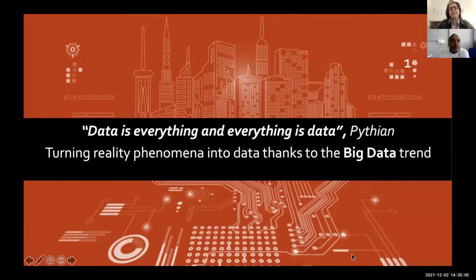And so the slogan says that data is everything and everything is data. This is also related to the idea of datification. If you haven't heard about datification, it is the possibility to transform everything into data.